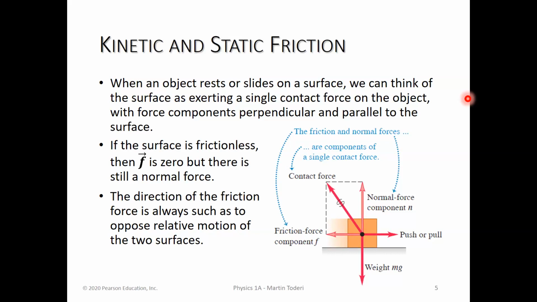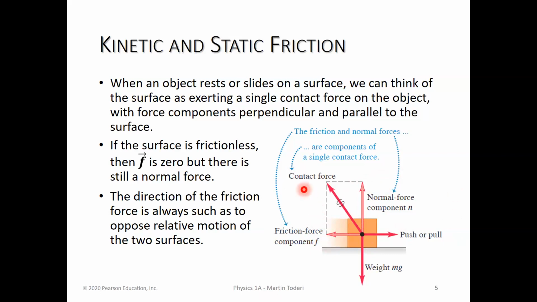So let's see this example here. We have our normal force that we've defined before, and then if there's friction between these two objects, and we're pushing or pulling to this side, then a friction force component will appear, pointing to the other side, counteracting that pull or push.